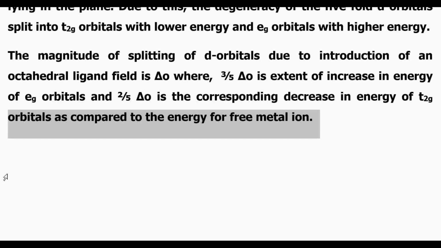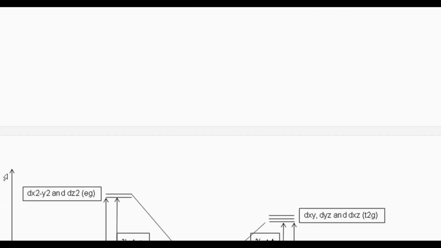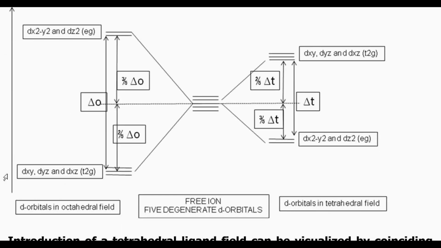Now I will show you the most important figure, one and the only figure that you need to remember and understand for doing the basics of crystal field theory. You should never forget any part of this figure, then you will be able to do most of the basic things in crystal field theory. Right now I will explain the left hand part of the figure.